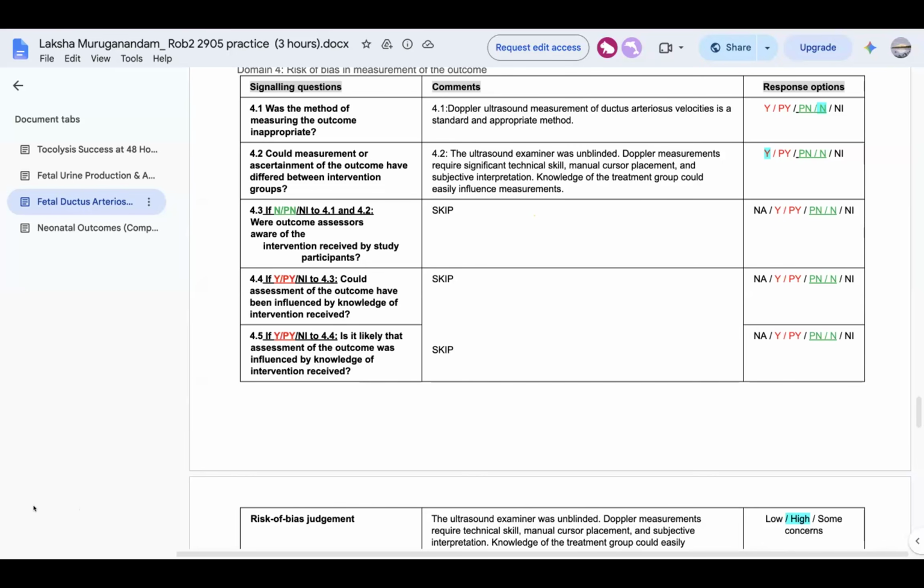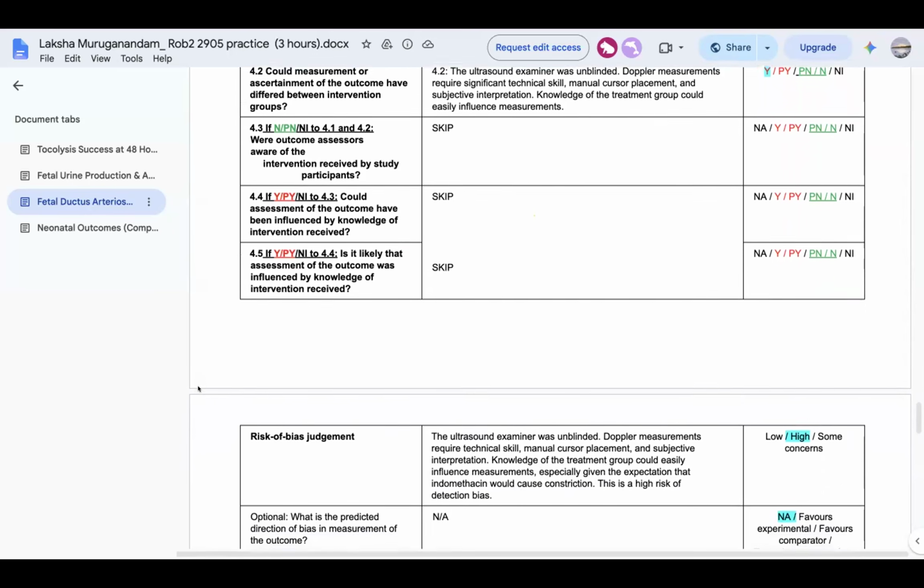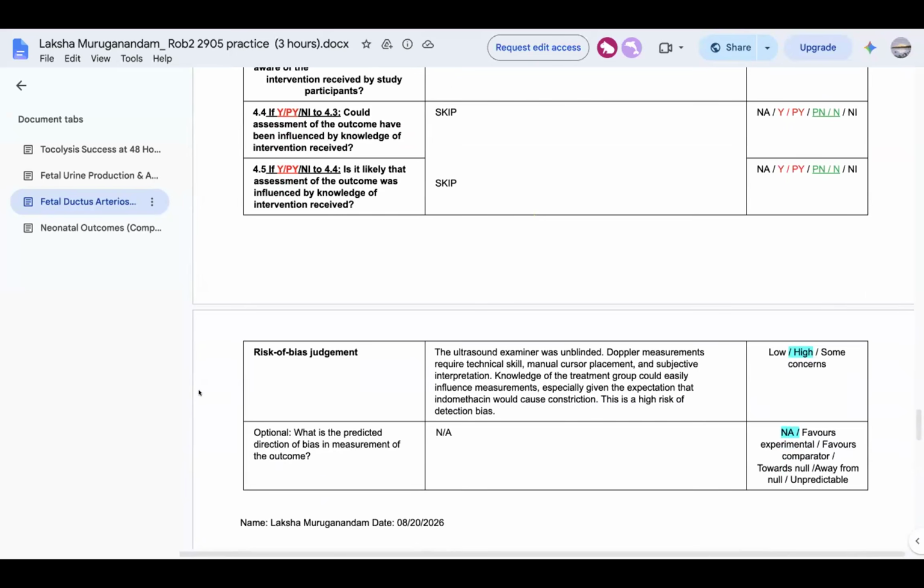And then for 4.4, I don't remember what we answered. Did we answer no for this one? Because we talked about how they gave it as a number. Yes, we said probably no for 4.4. Okay, so Laksha got different answers from us for domain 4. But I think I understand her reasoning, it's very clear.